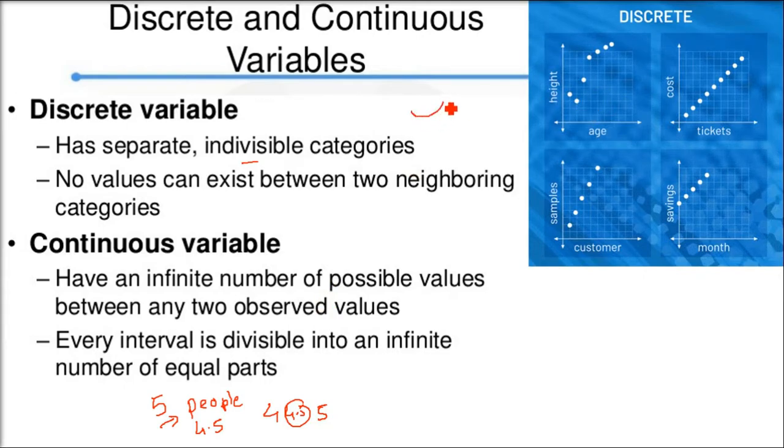Now, the best way to understand is whether you can draw a graph without picking up the pencil. If you have to pick up the pencil when you draw, that will be the discrete graph. You cannot draw a discrete graph continuously without picking the pencil.